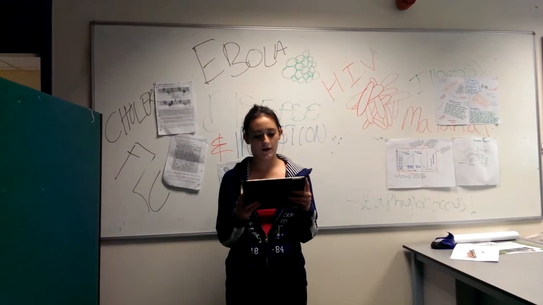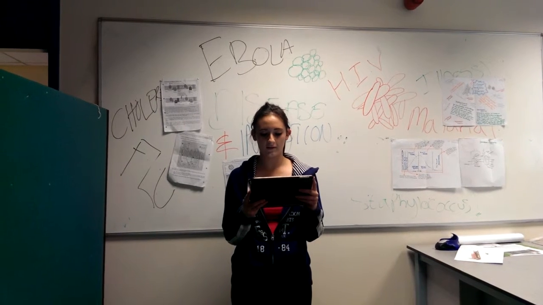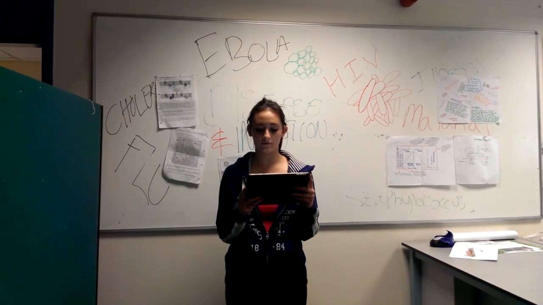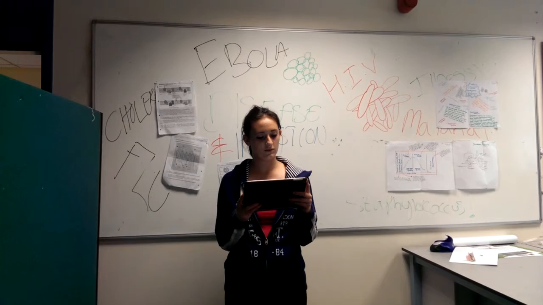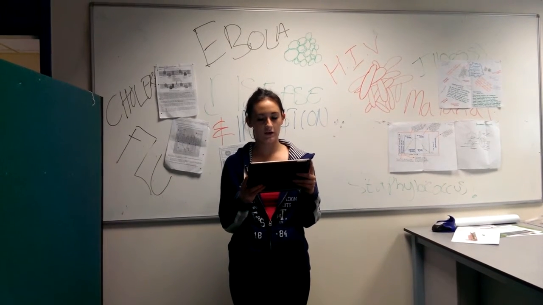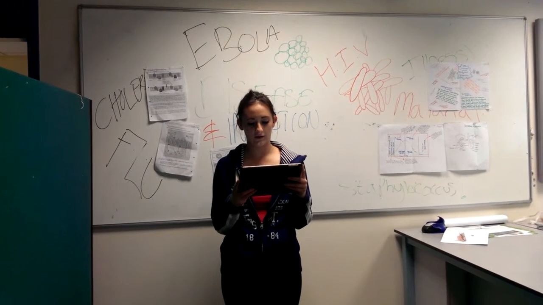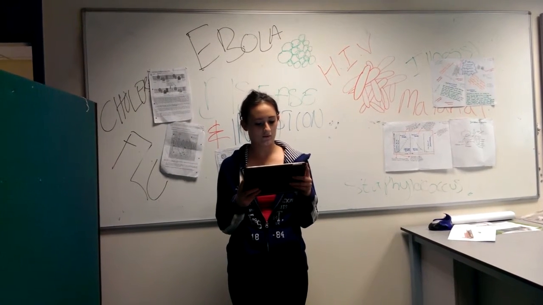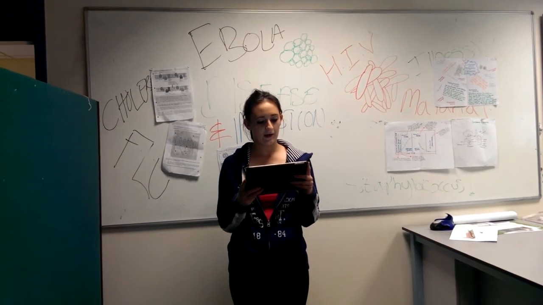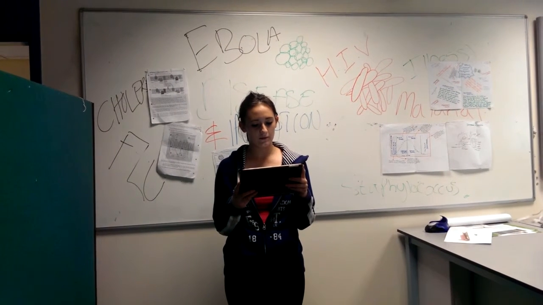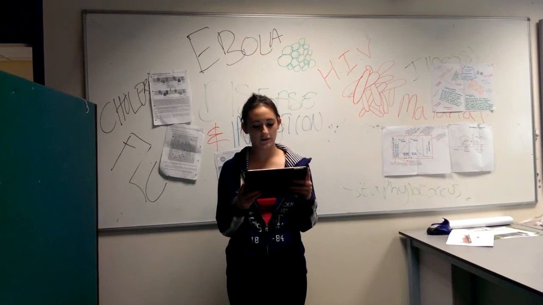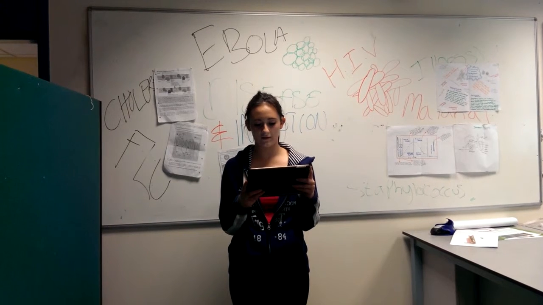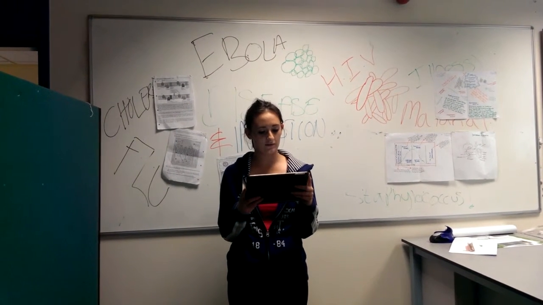The RBM group set targets to be met by 2015, which are to reduce the number of deaths due to malaria globally and nationally to near zero, to reduce incidence rates by 75% and achieve Millennium Goal 6, which is to halt and reverse the incidence of malaria and other diseases.